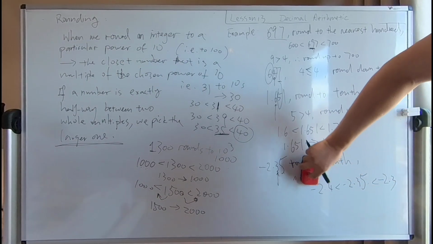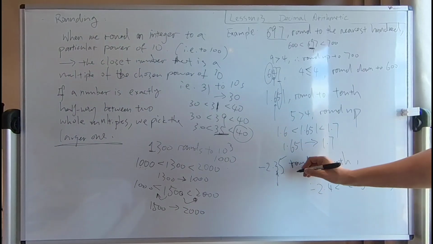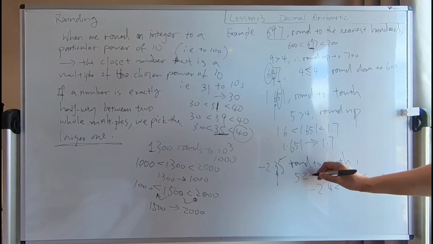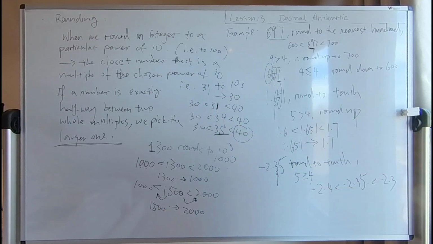We can see that when we say round up in this case, right, because we're at the midpoint 5 and we want to round up, it's really round up to the larger number in this case, which is minus 2.3. So it rounds to minus 2.3.